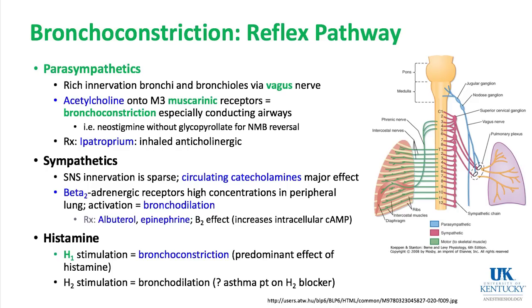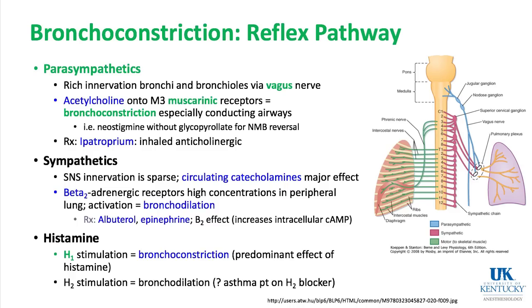Sympathetics, the innervation of the airways is sparse, but circulating catecholamines do have an effect on the airways via these B2 receptors, which when they're activated, the beta-2 receptors, you get bronchodilation. We take advantage of that with albuterol inhaled or epinephrine intravenously.